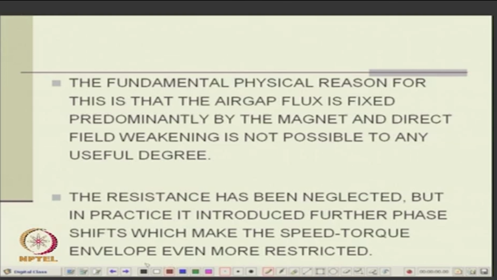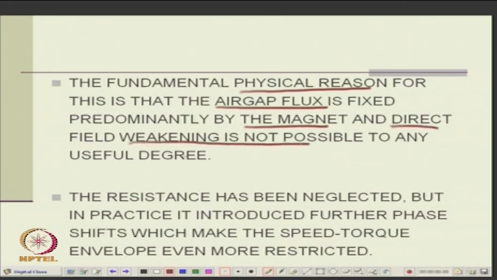Okay. So the fundamental physical reason for this is that the air gap flux is fixed by the magnet, and direct field weakening is not possible, unlike in wound field machines. Okay. Then resistance is neglected, but in practice it introduces phase shifts which make the speed torque envelope more restricted.